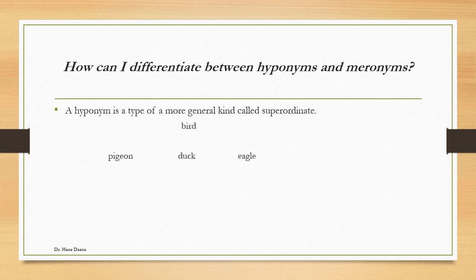Example, we have the term bird on the superordinate level, a very general term, and this bird is connected in a hyponymy relationship to pigeon, duck, and eagle. So we say a pigeon is a type of bird, a duck is a bird, an eagle is a bird.